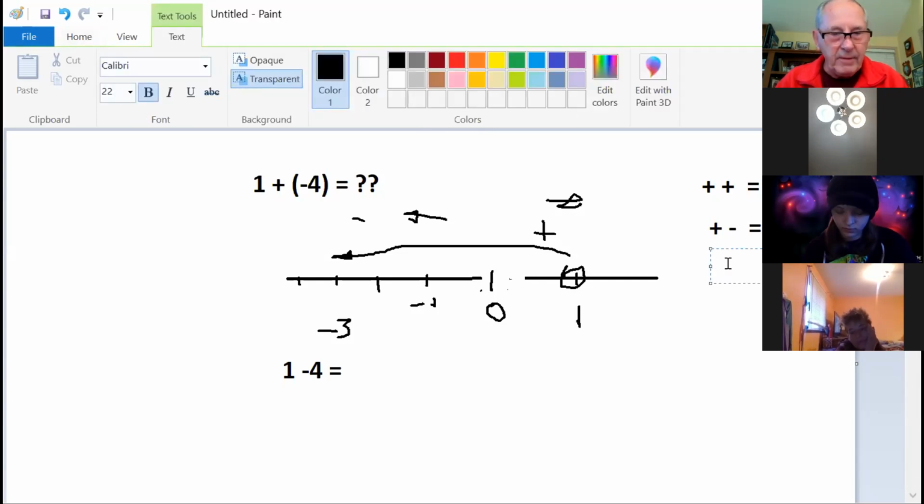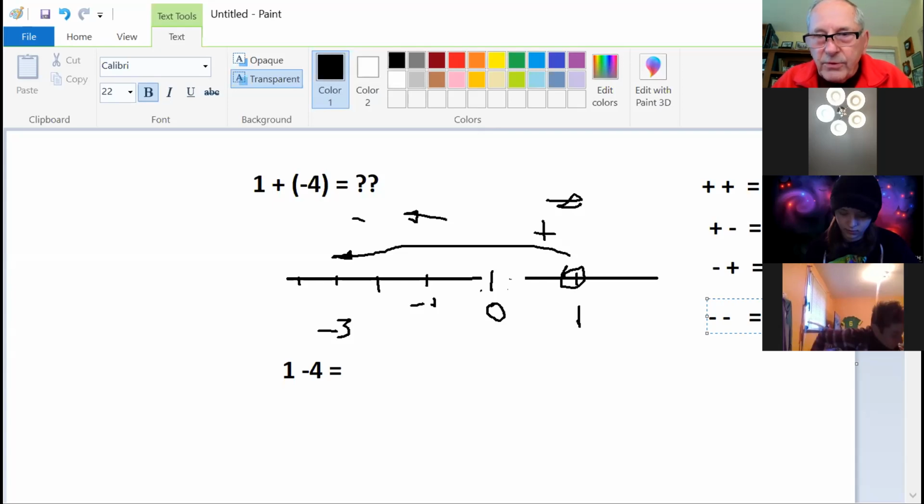And what if it's a negative and a positive? What will it equal to? It's still negative, right? You're just flipping it. It's the same thing. And then what if you have two negatives? It turns into a positive.